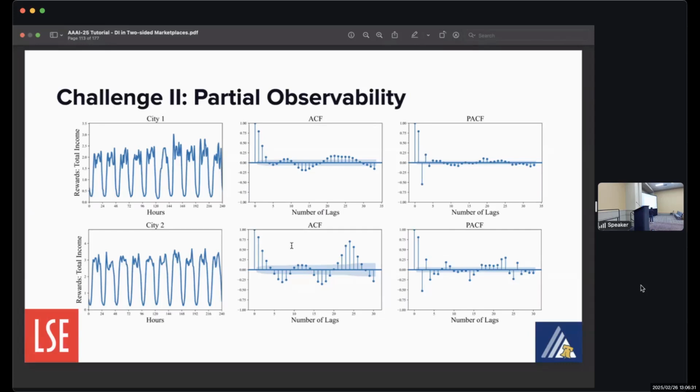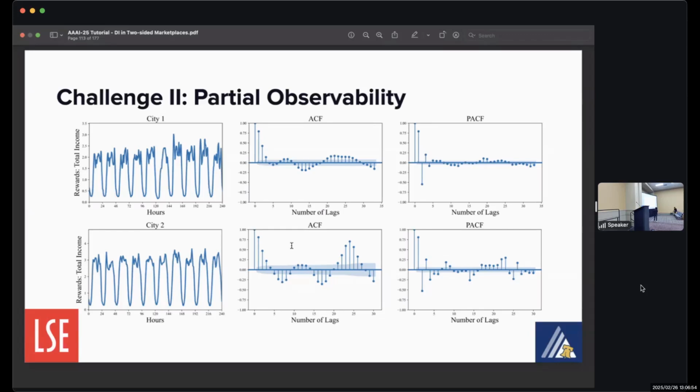You can immediately see that the data have very strong seasonal patterns. During peak hours, we get large driver income, but early in the morning, the driver income is very small.